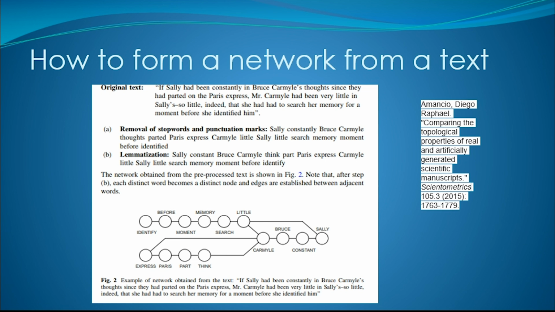And converting into a network does not always mean that they should co-occur in the same sentence. You can also say, okay, they co-occur in the same paragraph, I just connect them, right?